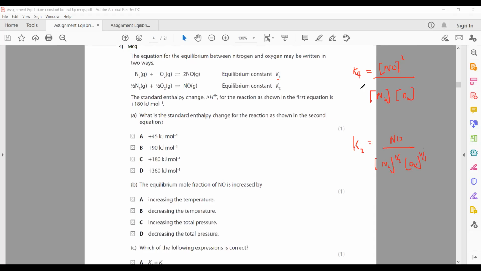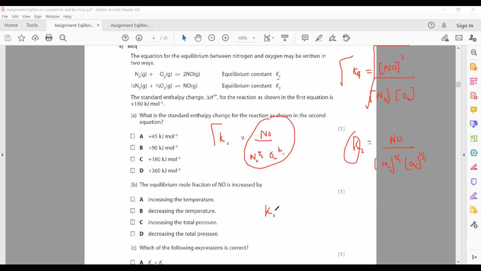So how can I convert this expression into this one? If I take the square root, I can say square root of K1 is equal to NO, because square root and square will cancel, over N2 raised to power half and O2 raised to power half. And this is actually equal to K2.